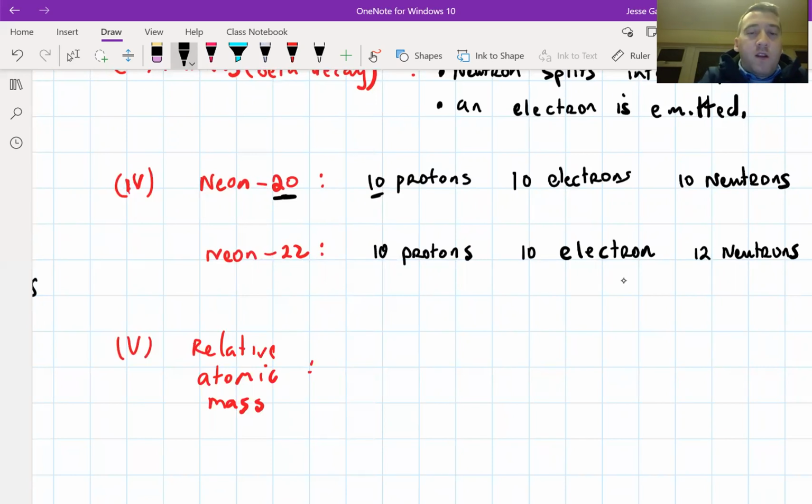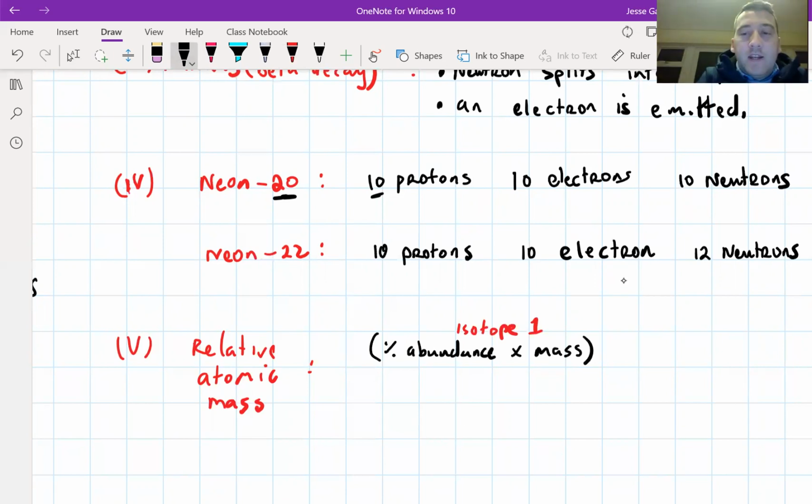Okay, hopefully we're able to write down the formula. The formula for the relative atomic mass, we do the percentage abundance times the mass of isotope 1.